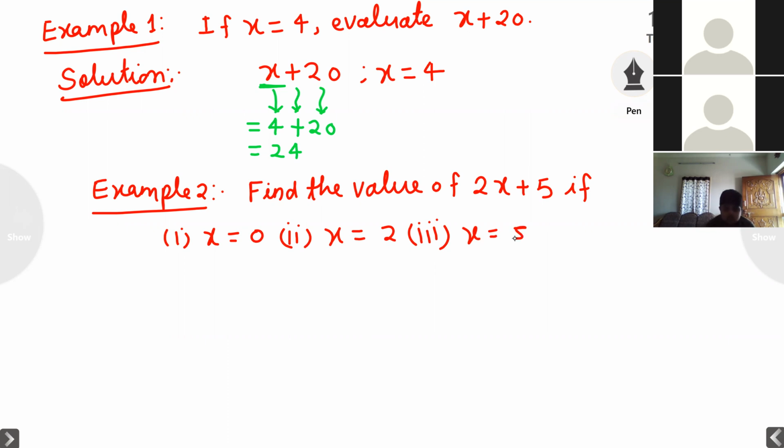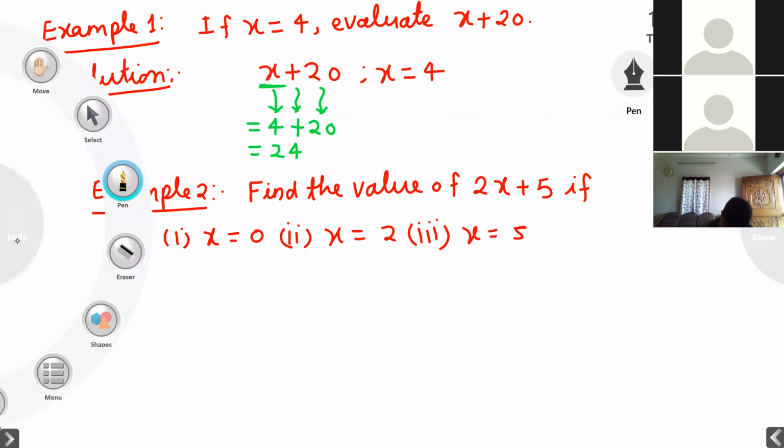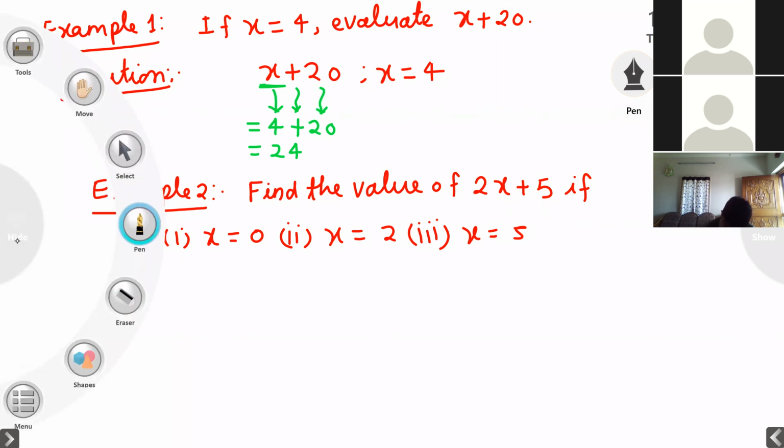There are 3 questions in this second question. First time I want to substitute 0 in the place of x, then second time 2, and third time 5. Okay, no problem.